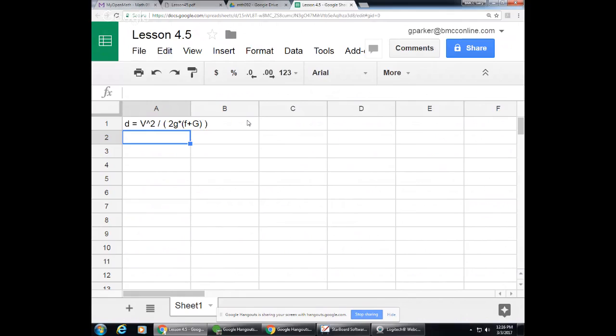All right, so then I want a column for velocity. And the first velocity is going to be miles per hour, the way we're used to thinking about it. And then we do velocity in feet per second, which is what the formula needs. So feet per second. And then we'll use that formula to calculate the braking distance.